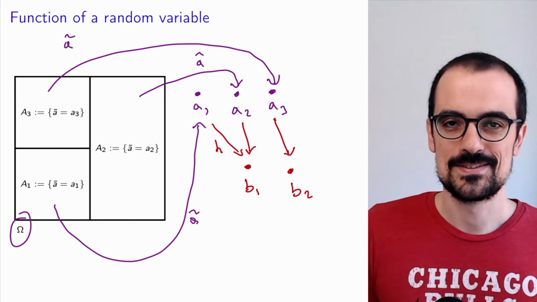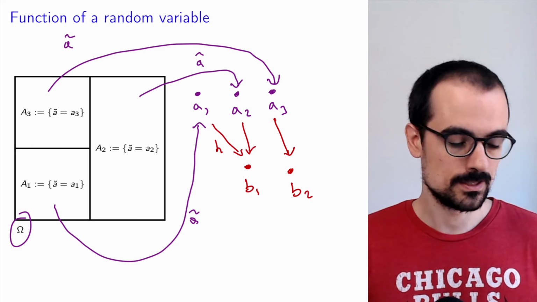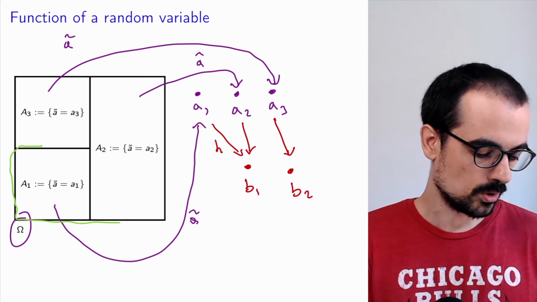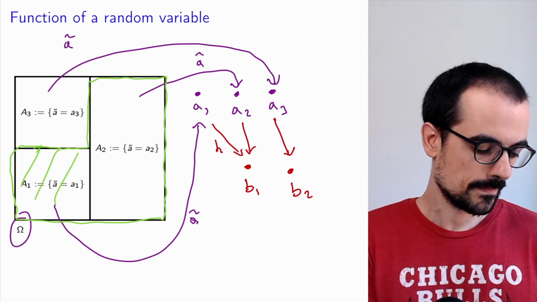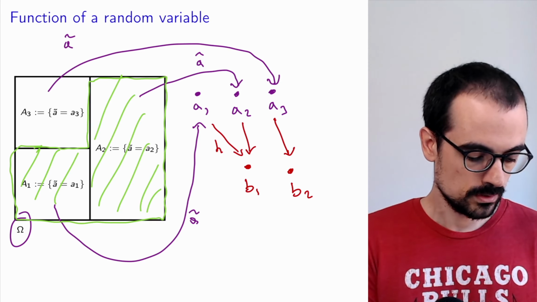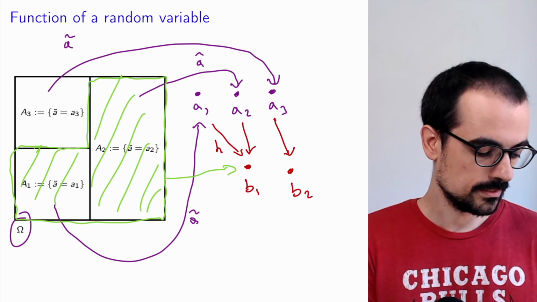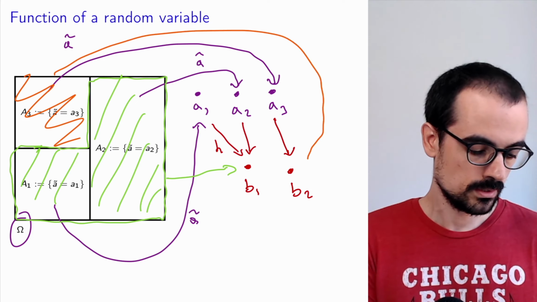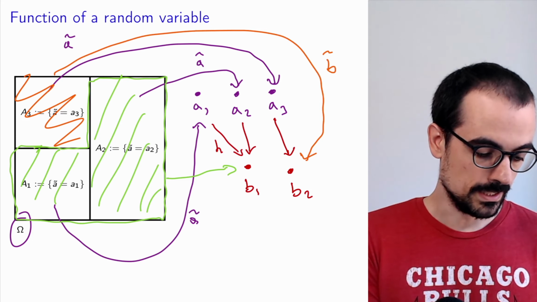If you realize, now we have a new random variable where a1 and a2 have been merged. So this whole set of outcomes maps to B1, and this set of outcomes maps to B2. Okay, this is getting a bit messy, but we can call this a random variable B.